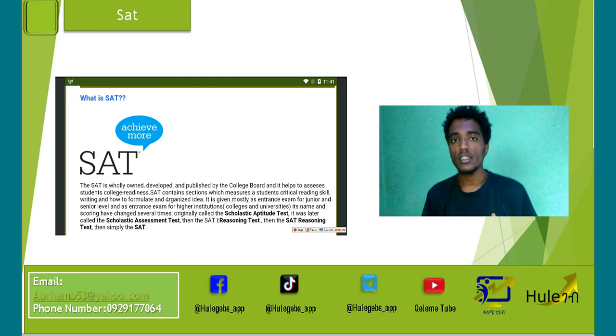The College Board says that taking the SAT helps to predict whether a student will be successful in college or not. The SAT contains sections which measure students' critical thinking, critical reading skills, writing, and how to formulate an organized idea. It is given mostly as an entrance exam for higher institutions, which means colleges and universities.